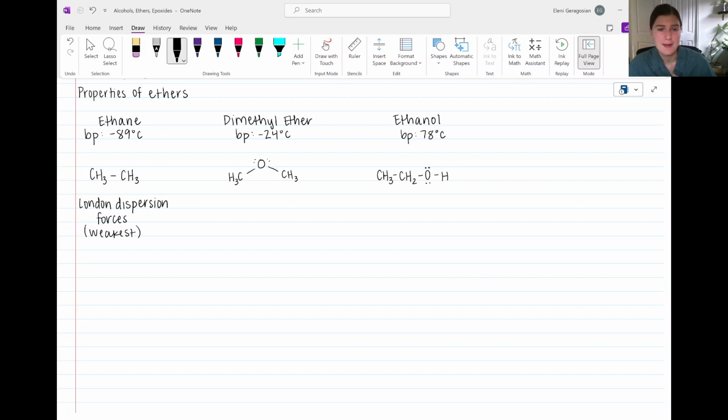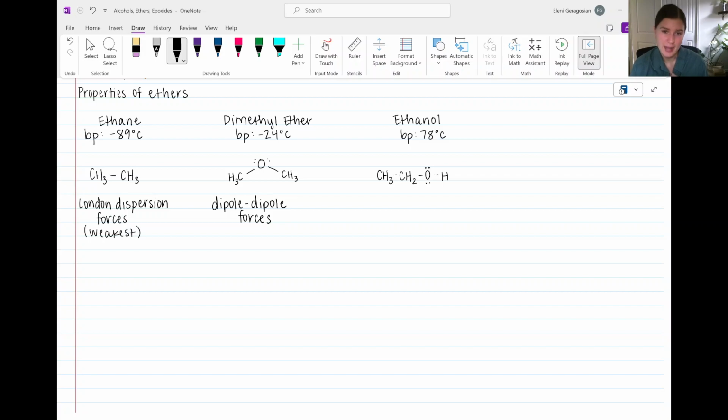So if we look at dimethyl ether, it has a polar bond between carbon and oxygen. So in this case, we have dipole-dipole as the strongest intermolecular force between dimethyl ether molecules. And dipole-dipole forces are stronger than London dispersion forces, and that's why dimethyl ether has a higher boiling point than ethane.